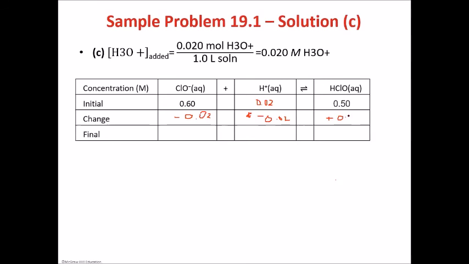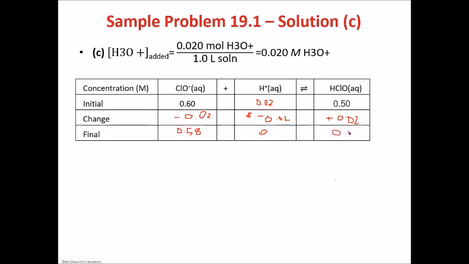Then at final, the remaining conjugate base concentration is 0.58. This is 0 for H plus, that is the limiting reactant, and the final concentration of the conjugate acid is 0.52.